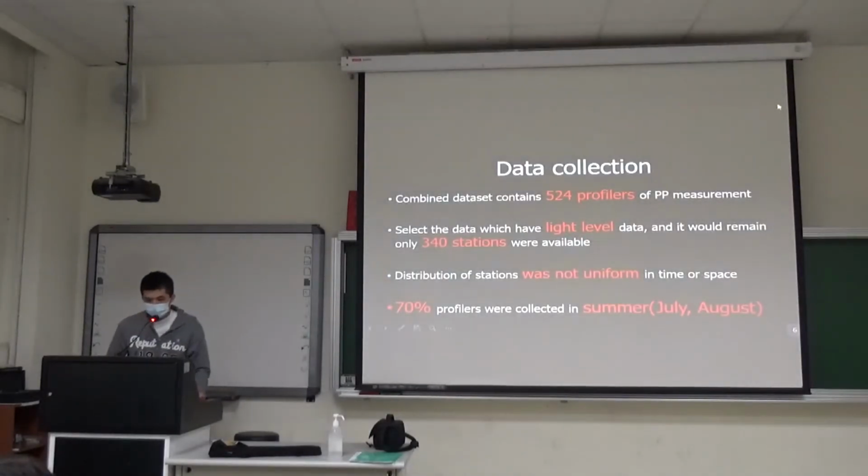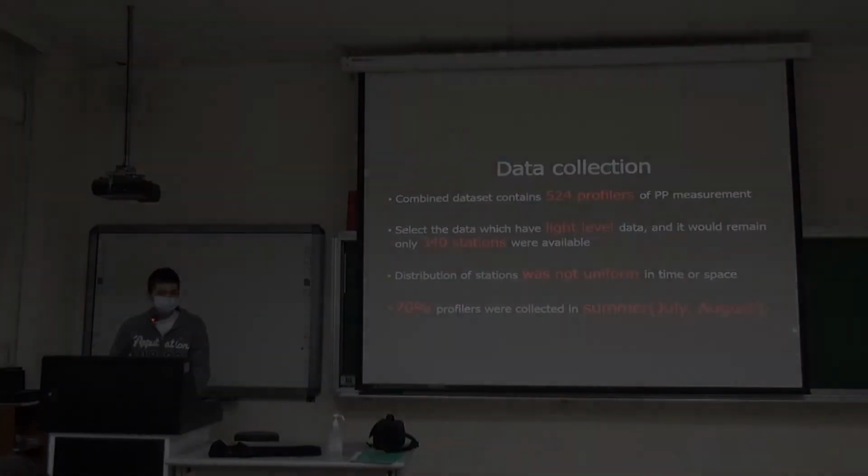In my data collection, we get the data from different databases, such as cruise data and previous data. So we select the data from this database that have measured the PP. We just choose from the big data set, and we didn't know how they collect the primary production data.